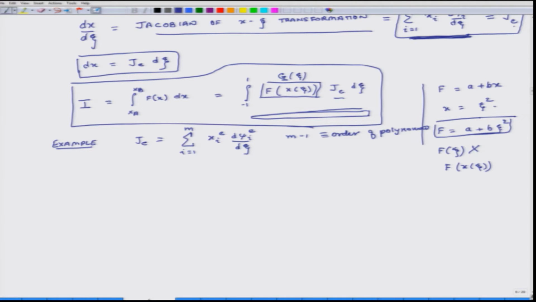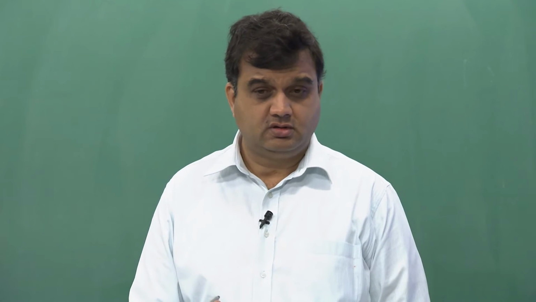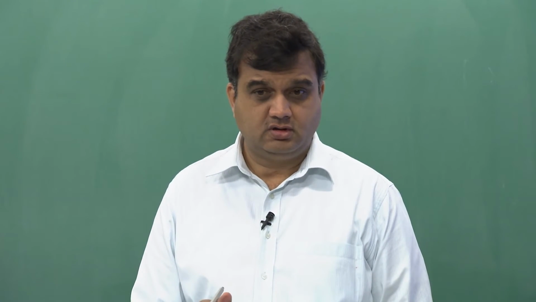Now, we will do an example. Let us say m equals 2, which means that the approximation of geometry is of what type? It will be of linear type.